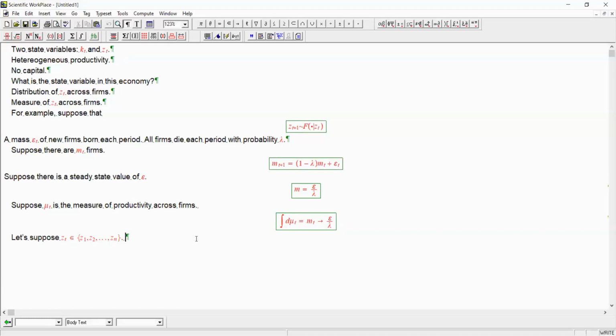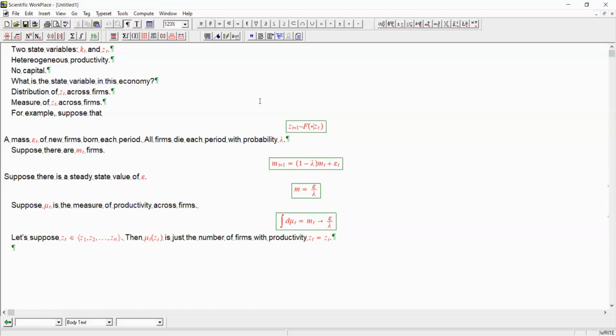So let's write that. Ut is just the number of firms with productivity Zt equals Zi.